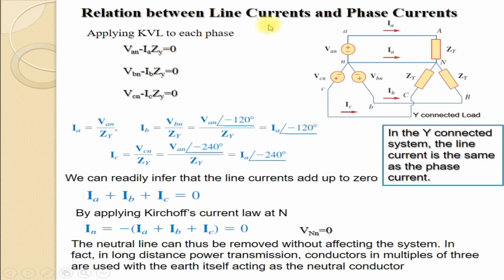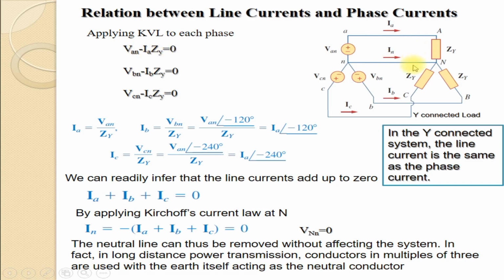So with the sign convention, you get this equation. You have a voltage source here which is represented as plus VAN. Now you have a drop across this, that is minus IA into ZY, and there is no drop across this. So if you apply Kirchhoff's voltage law to this loop, you get VAN minus IA ZY equal to 0.